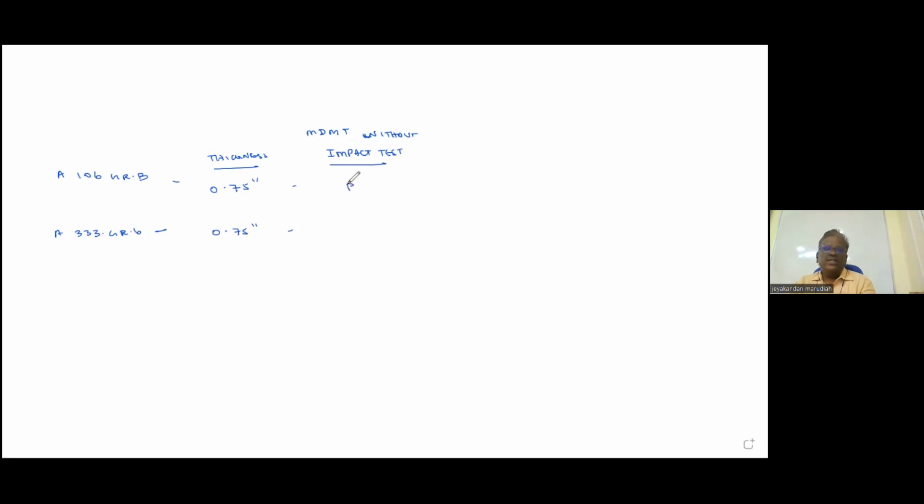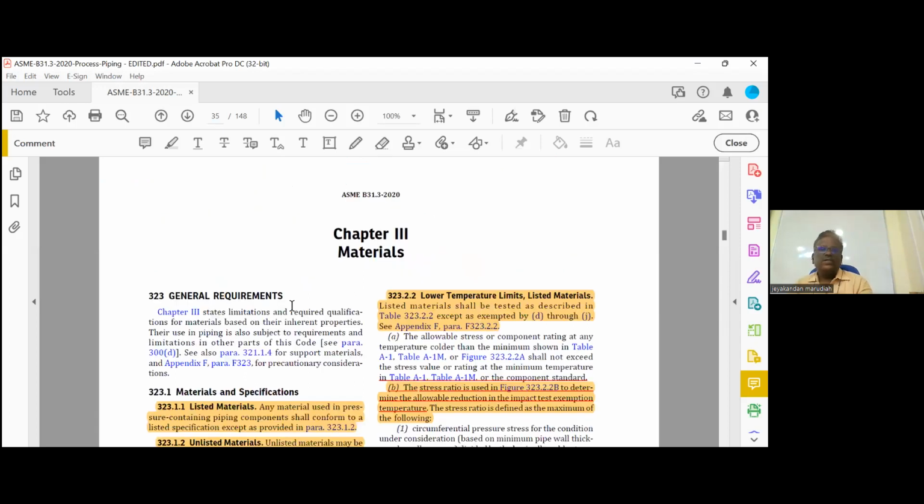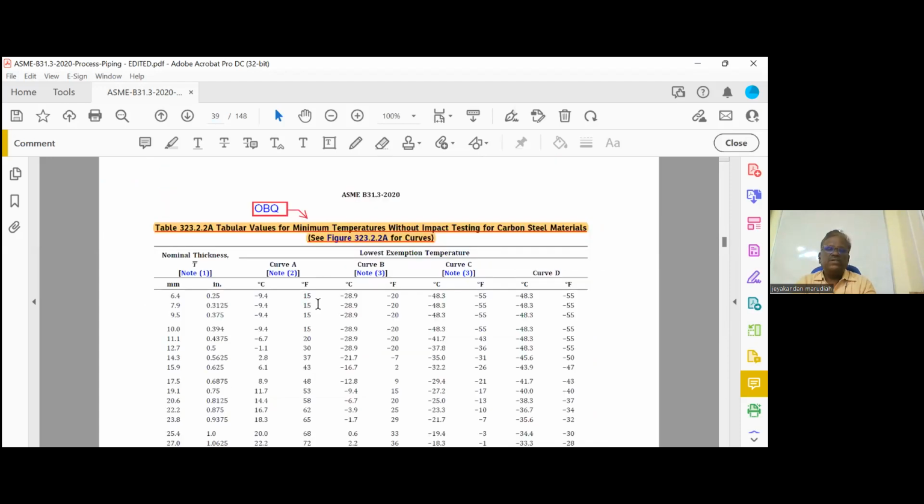A106 grade B is given as B. A333 grade 6 is given as minus 50 degrees Fahrenheit. Now, how do we find out the B? Please go to page number 52. You can see the thickness is given in inches as well as mm, with curve A, curve B, curve C, curve D. So what is the temperature?